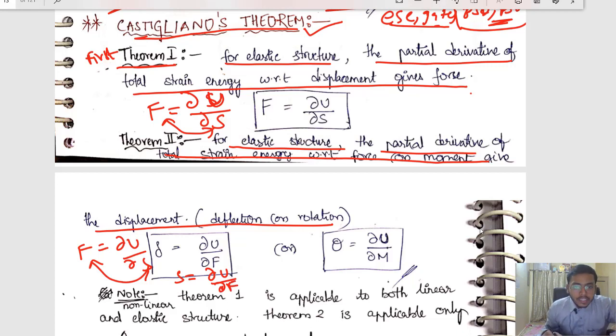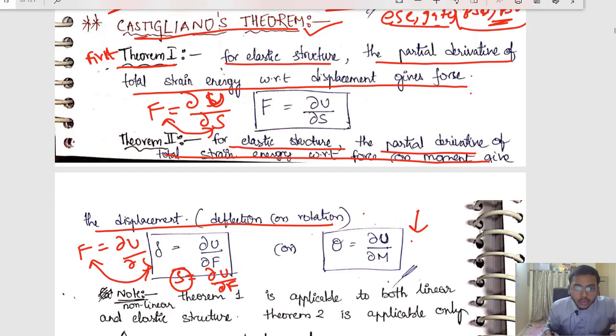When I am talking about displacement now, there can be two things: linear deflection or angular deflection, which is nothing but rotation. So there are two types of displacement. One is linear and the other is angular. Angular displacement is rotation, whereas linear displacement is deflection.